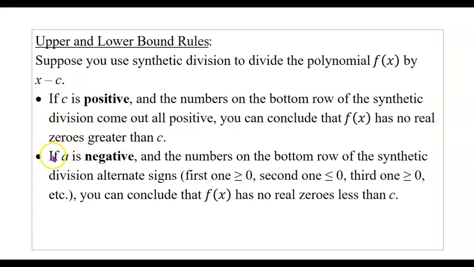There's another half to this: if c is negative, and the numbers on the bottom row of the synthetic division alternate signs, positive, negative, then you can conclude that your polynomial has no real zeros less than the number you tried. So this is not something that you have to know or have to use, but if you do know about it, and this kind of situation does happen to come up, it can give you a little bonus information about what your zeros might or couldn't be.